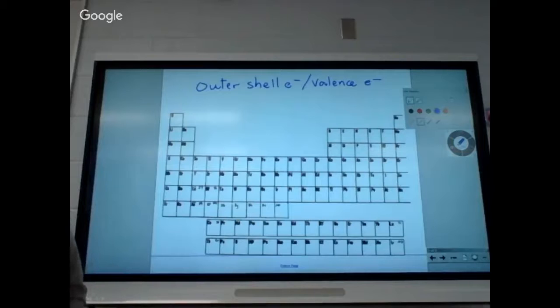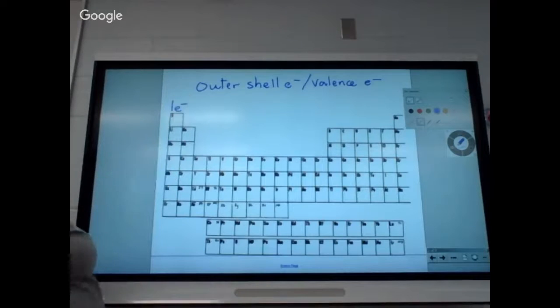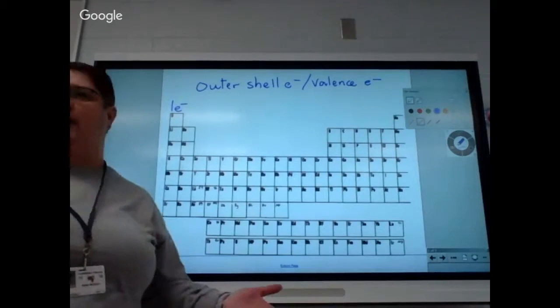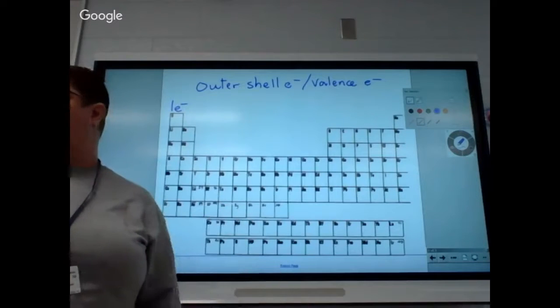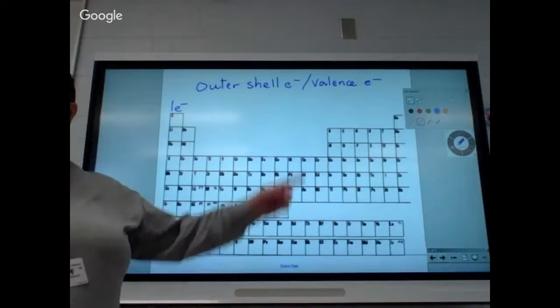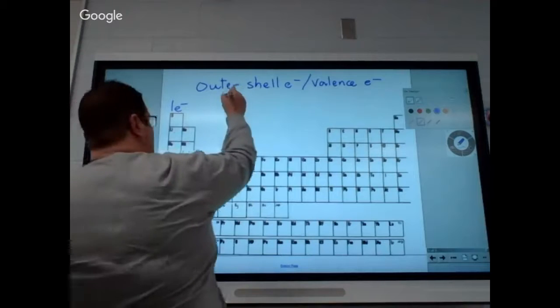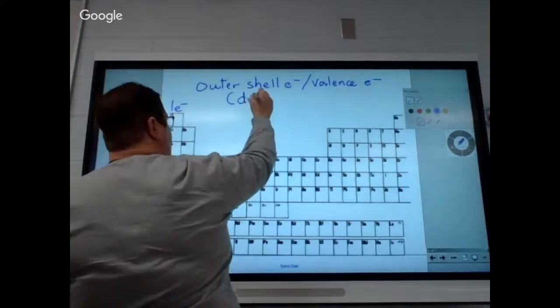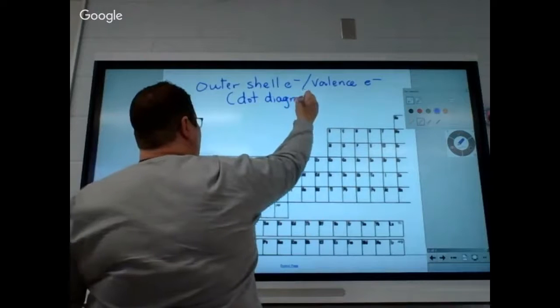Okay? How many outer shell electrons does group 1 have? It has 1 electron. Now, what tells the dot diagram? Dot diagrams are what? What do we draw when we draw a dot diagram? We're drawing outer shell electrons. All right? These are what we draw when we draw a dot diagram.